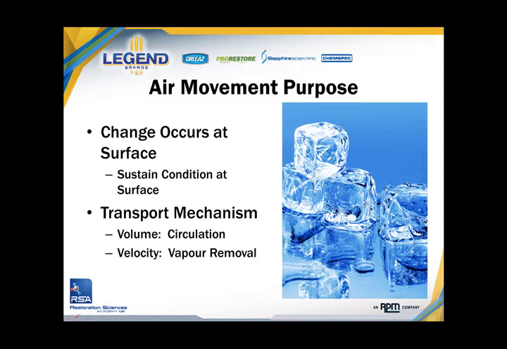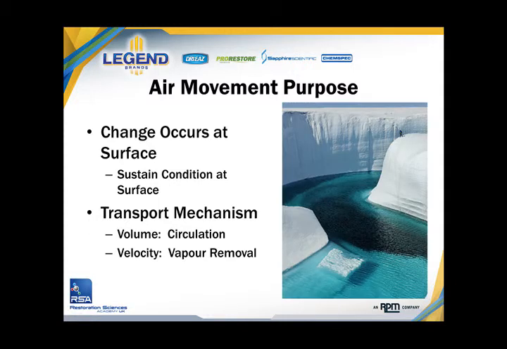However, if we stir the water in the container, then the cold water leaving the ice will be constantly and immediately removed from the surface, bringing in a fresh supply of warm water directly to the ice cube's surface. This will sustain the melting process. Air movement's role in the drying process is exactly the same.